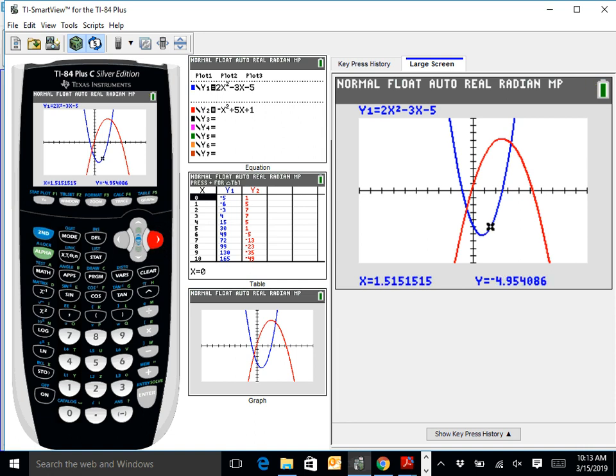And right up here on your calculator, it'll tell you which one it is. Now it's kind of nice on the color graph because I know blue is y1 and red is y2. But if you don't have a color graph, it'll say right up here which one it is. So right away, I know that my y2 is on top and my y1 is on bottom.